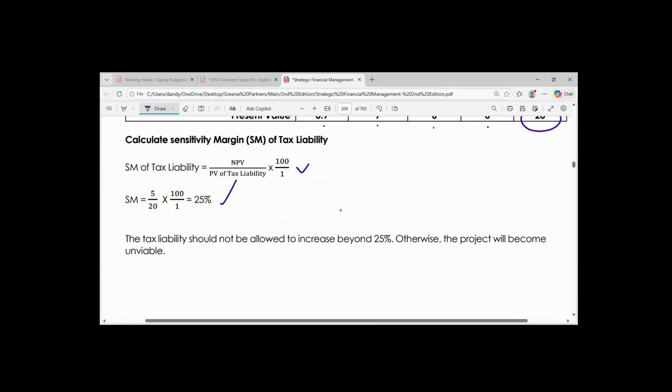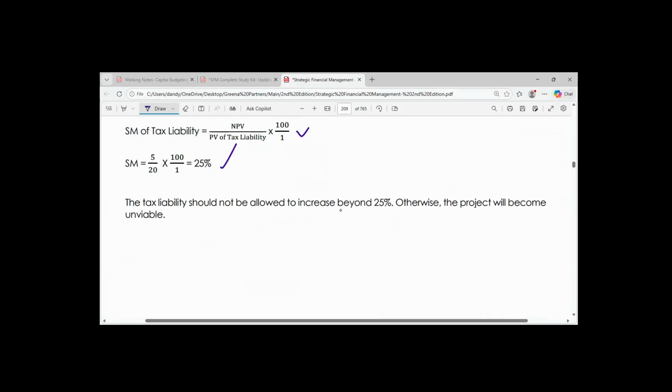You need to interpret that result, the 25%. What this 25% is saying is that tax liability should not be allowed to increase beyond 25%. If not, the project will not be viable. The current tax rate is 35%.